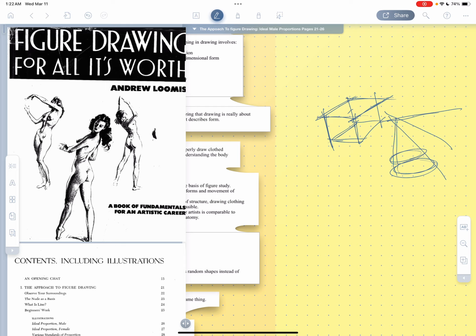You can just draw right here in the margins. This is a really cool software. I bet Loomis didn't think about this when he said you should have a piece of paper next to the book as you study it. I bet he didn't think about LiquidText and an iPad, you know?